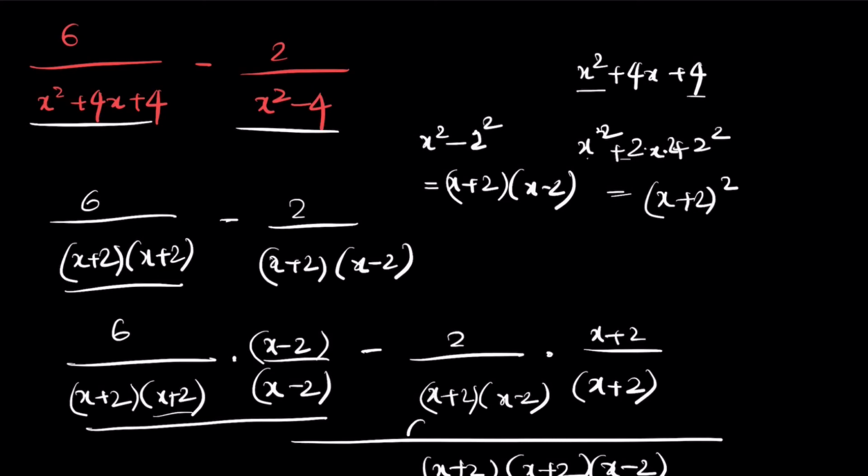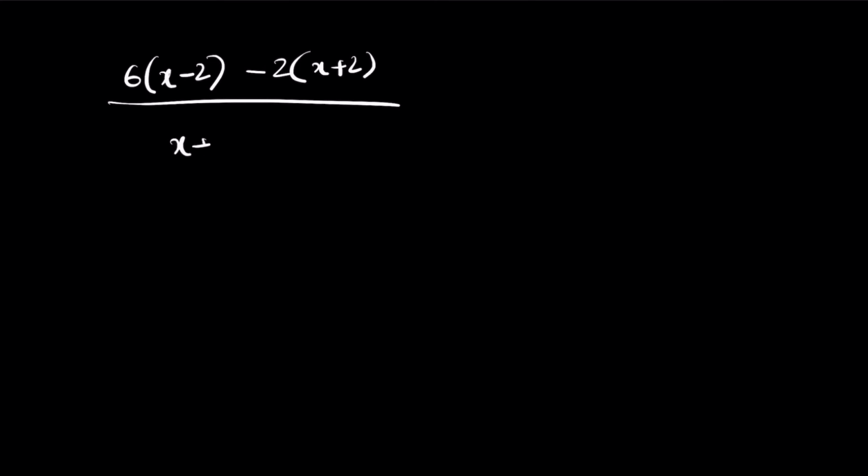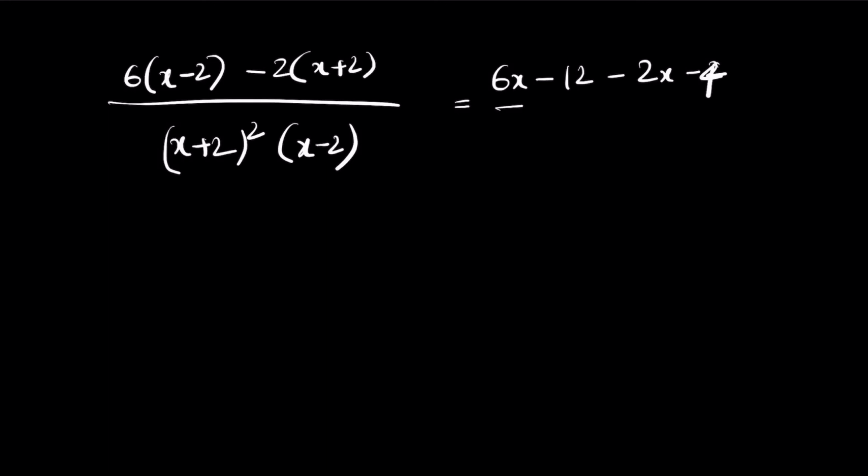On the numerator you have 6 times x minus 2 minus 2 times x plus 2, over x plus 2 square times x minus 2. So this can be written as 6x minus 6 times 2 is 12 minus 2x minus 4 divided by x plus 2 square into x minus 2.